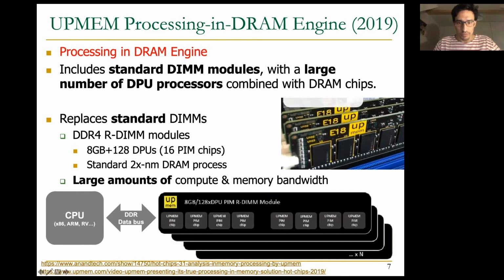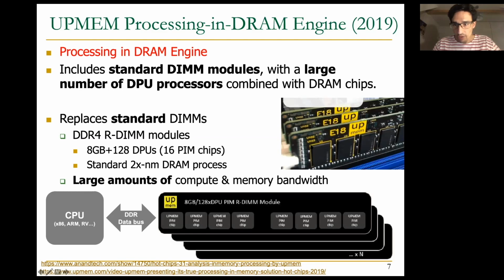Here in the figure at the bottom, you can see several of these DIMMs. In this particular case, you see 8 chips on the DIMM, and they are connected to the CPU through the conventional DDR data bus. So how are these processing in memory systems designed?